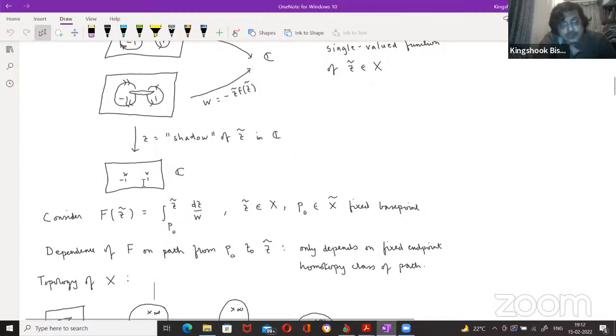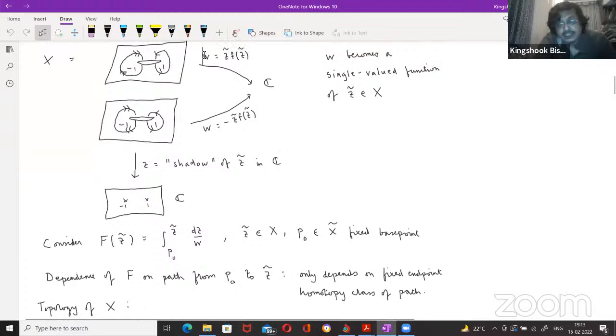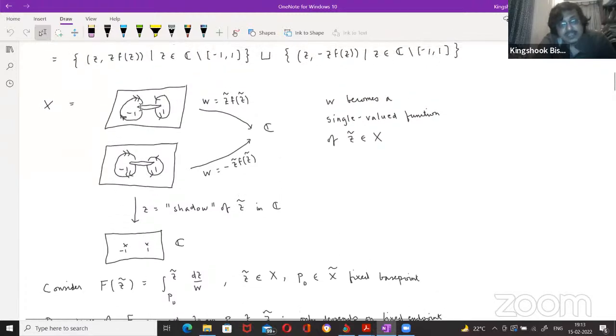So if I remove the points -1 and 1 from the plane, and I remove these, what are called the ramification points over here, the points which project to -1 and 1, then this becomes a genuine degree 2 covering, a connected degree 2 covering of the punctured plane C minus {-1, 1}. When I add in these points, at these points, this projection map is no longer a local homeomorphism.